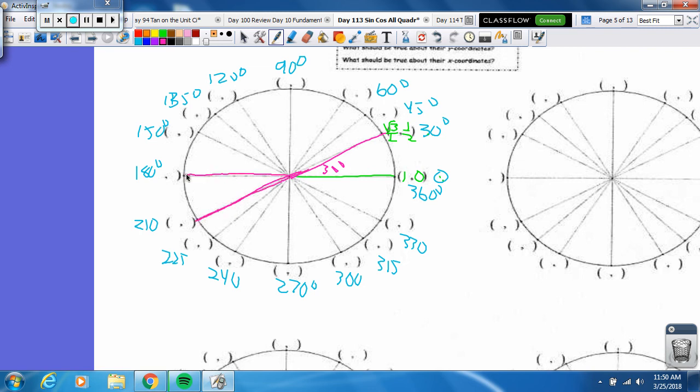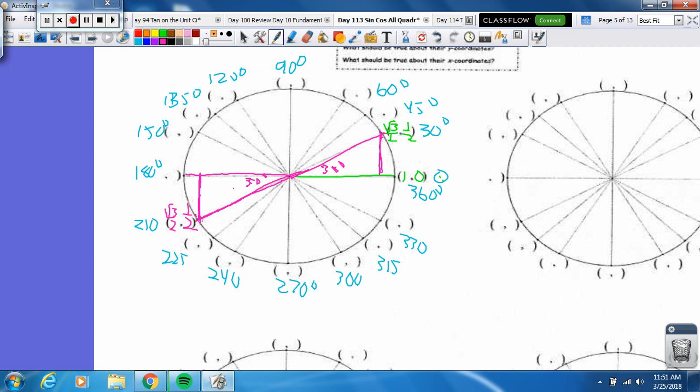Look at this angle here. This is also 30 degrees. That's a reference angle. So this right triangle is the same as this right triangle. So therefore, the points at 210 are identical to the points at 30 because they both have 30-degree reference angles. So 210 points are going to be radical 3 over 2, comma, 1/2.